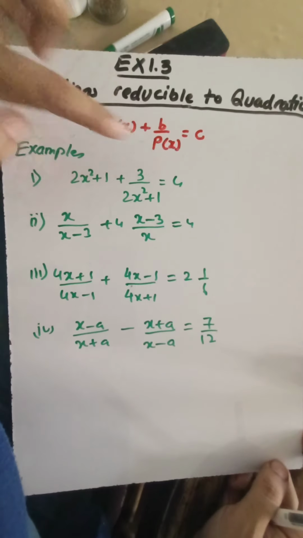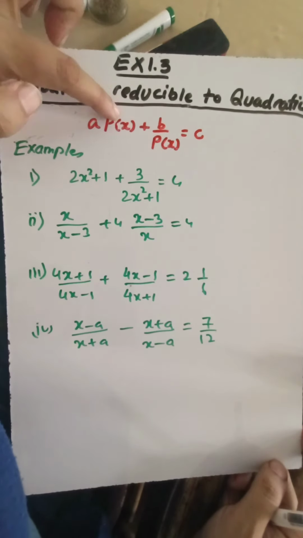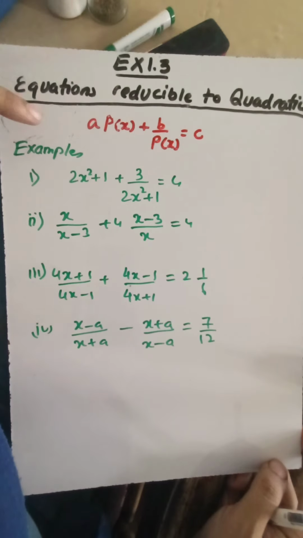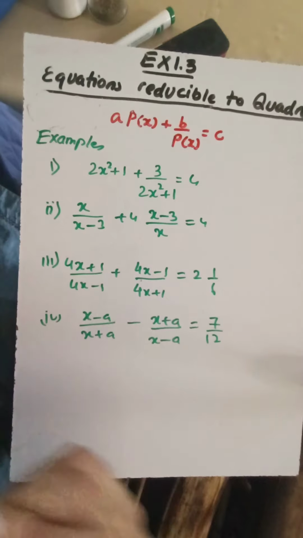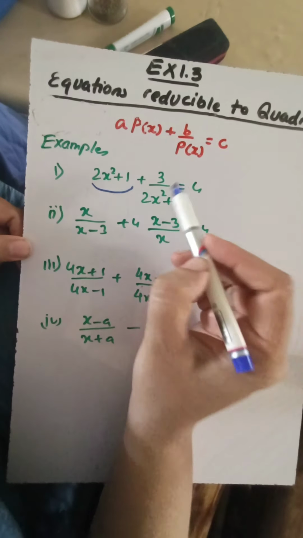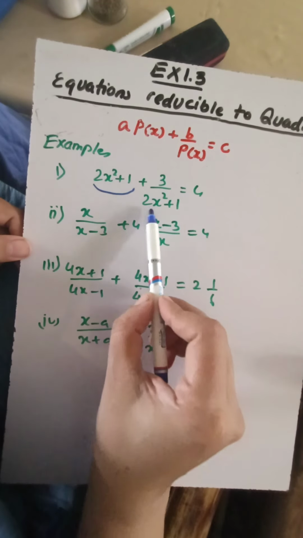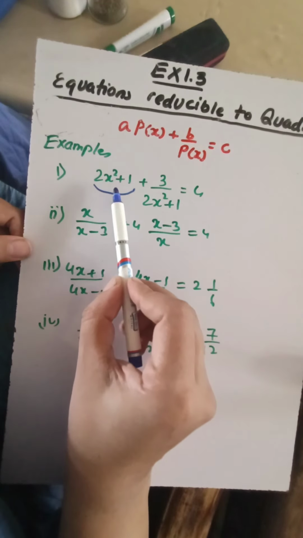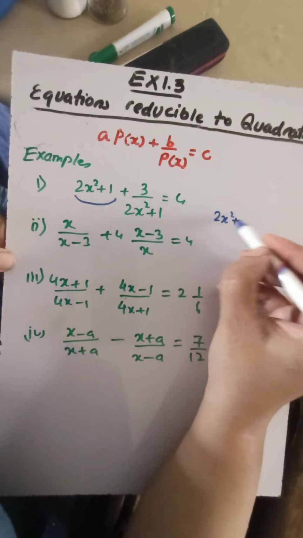This is the same expression, but over here we have the reciprocal of this expression. The examples are 2x square plus 1. Over here, this is the polynomial p of x, and we have its reciprocal, 1 over 2x square plus 1.